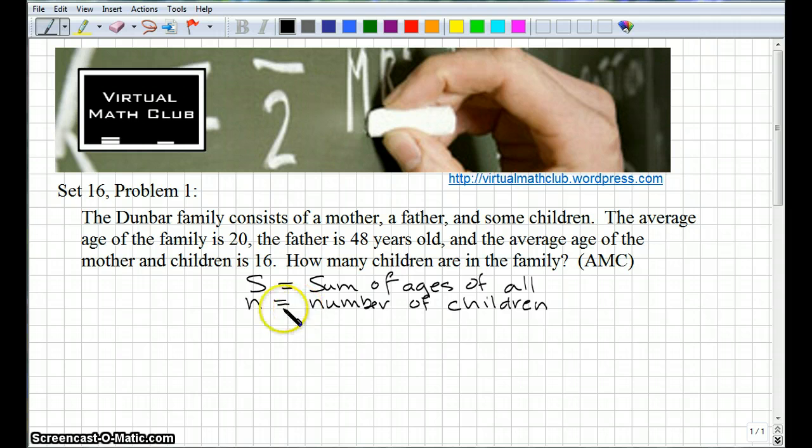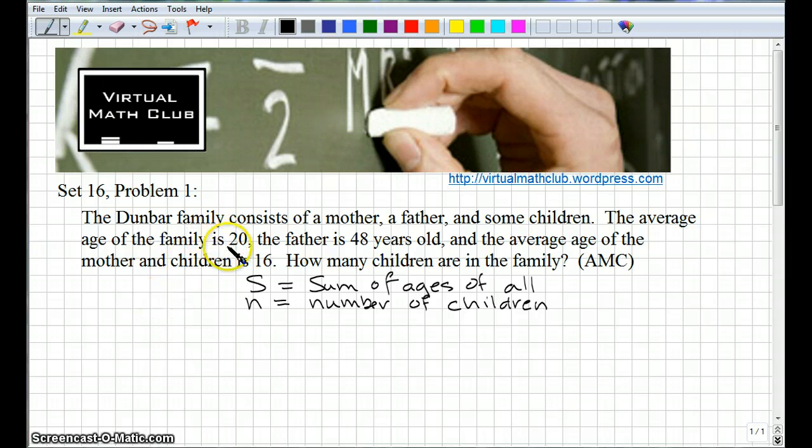And then when I solve for that variable, then I'll know I'm done. Otherwise, I could define it as the total number of people in the family, but then I'd have to make sure at the end to subtract 2 for the mother and father. But I know that the number of children plus the mother and father is going to be the total number of people in the family.